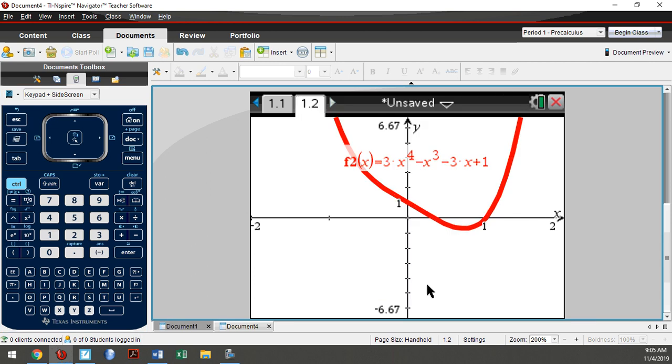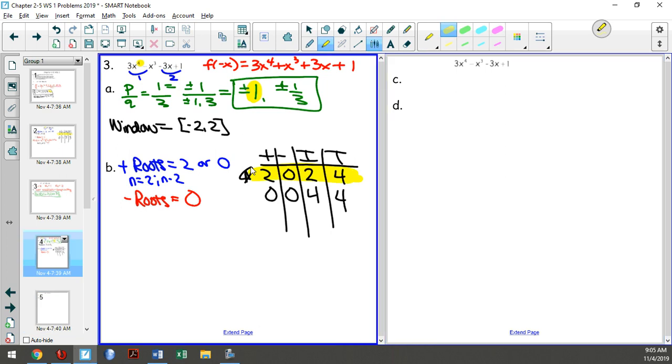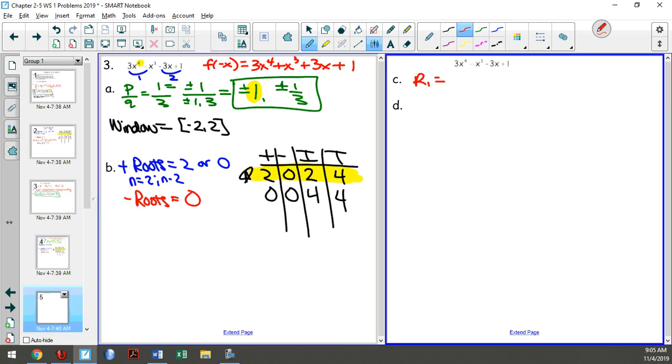Okay, now based upon that, what can you conclude? That there are clearly 2 positive roots. So that means if I'm back on my Descartes rule of signs chart, I have proven graphically that this is my option I'm going to be finding. Yes? Now, with that being said, I want to go ahead and find root 1 and root 2.